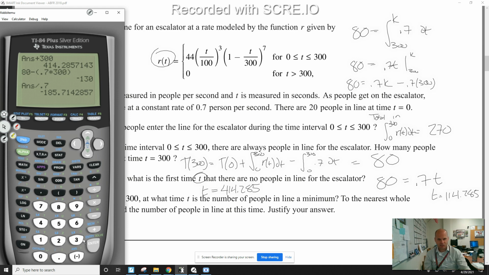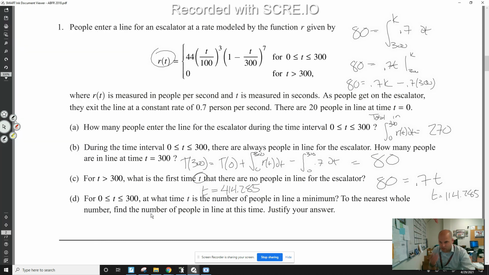Oh my gosh, Mr. Messner! Add. Silly, I'm not even thinking. Add, then divide. I'm going to get that exact number, 414.285. Boom! Okay, so there's the other way to do that same question.